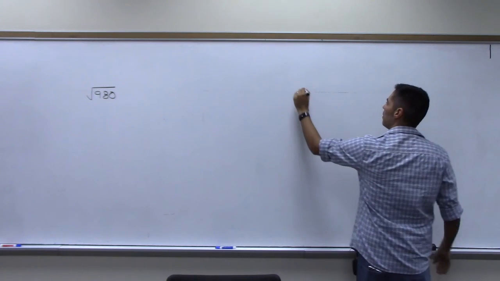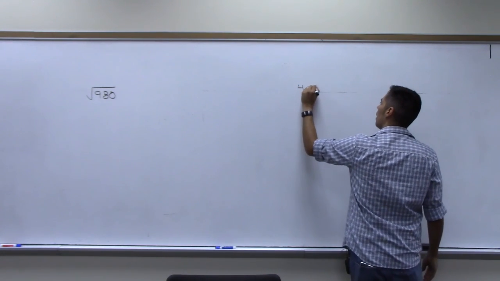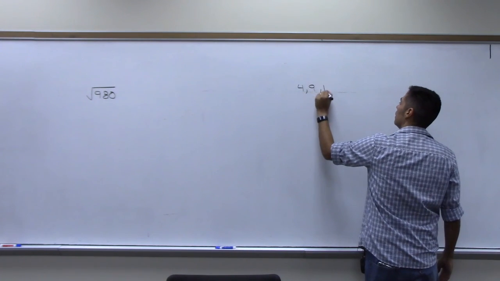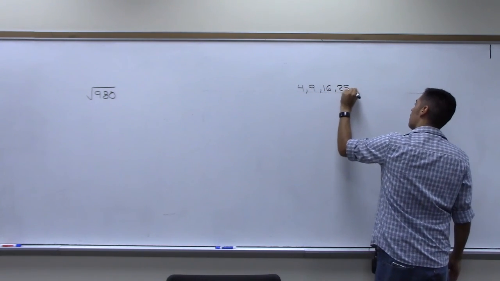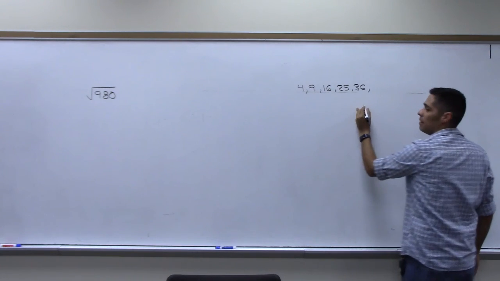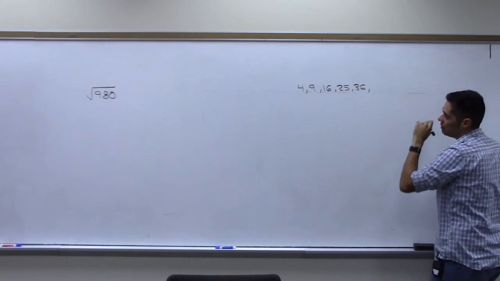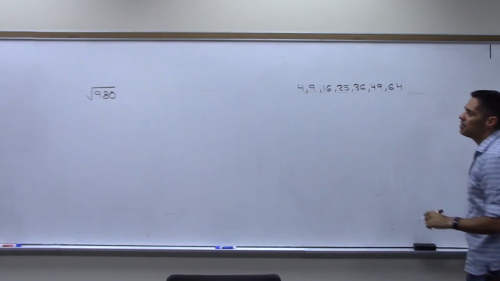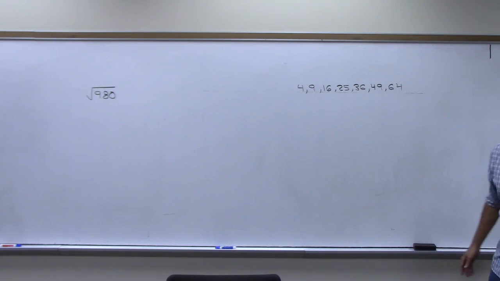I have all my perfect squares in my head here. 4, 9, 16, 25, 36, I can keep going. 49, 64. I'm curious if any of those go into that.